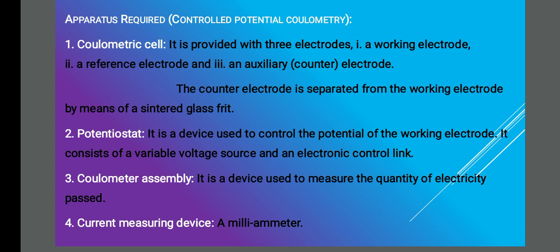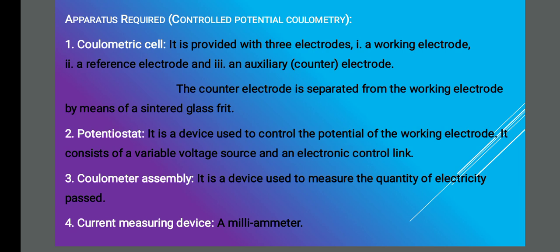So these are the components present in the controlled potential coulometric apparatus. Four components. First one is the coulometric cell. It consists of three electrodes: reference electrode, working electrode as well as counter electrode, and the counter electrode is separated from the working electrode by means of a sintered glass frit.